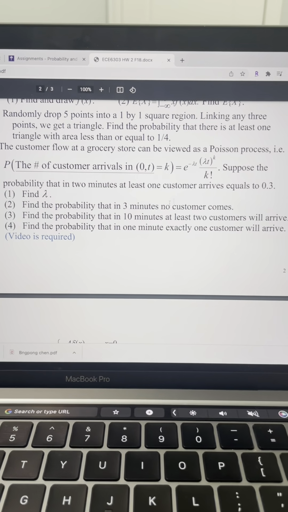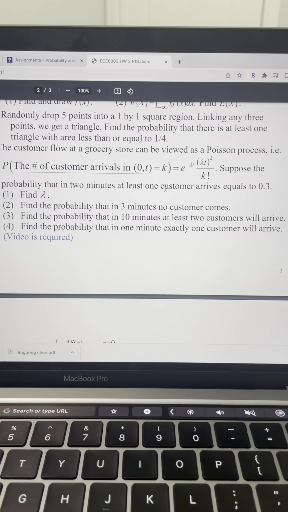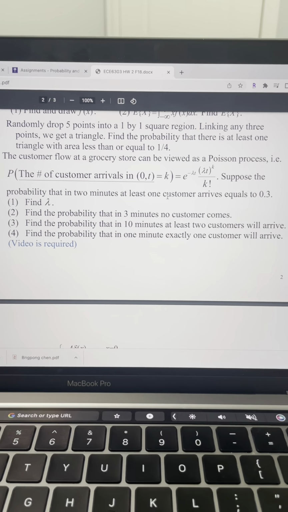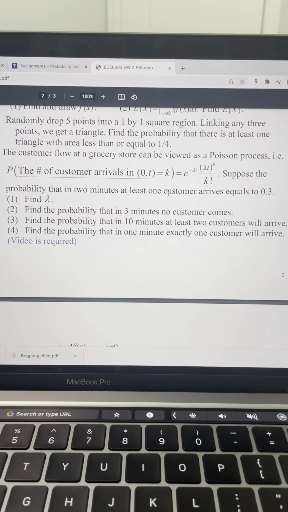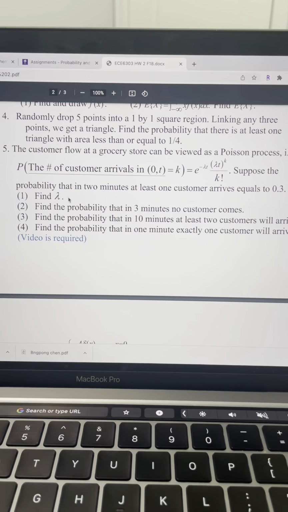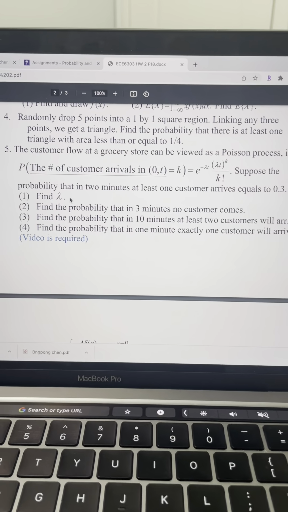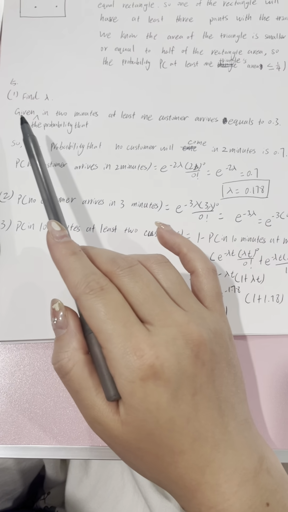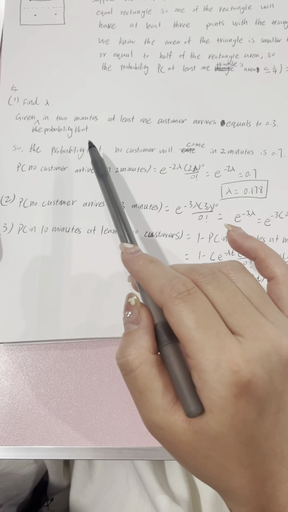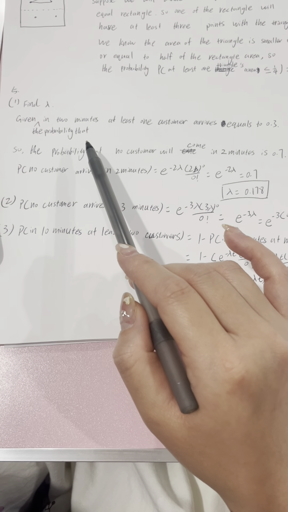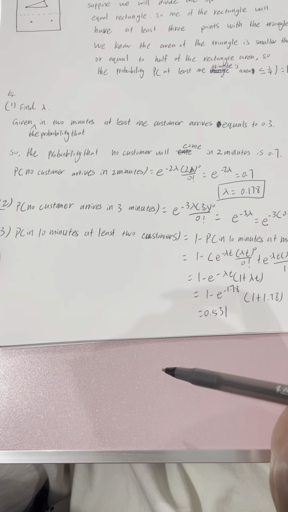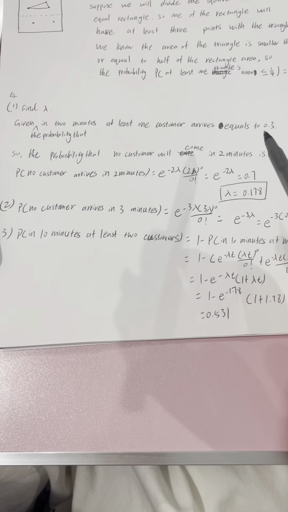We are also given that the probability that at least one customer will arrive in 2 minutes is equal to 0.3. So for part 1, the question is to find lambda. In order to find lambda, we are given that the probability that in 2 minutes at least one customer will arrive is equal to 0.3.